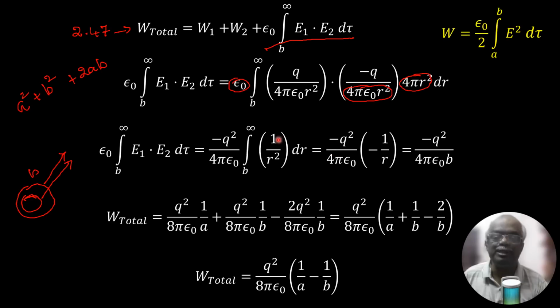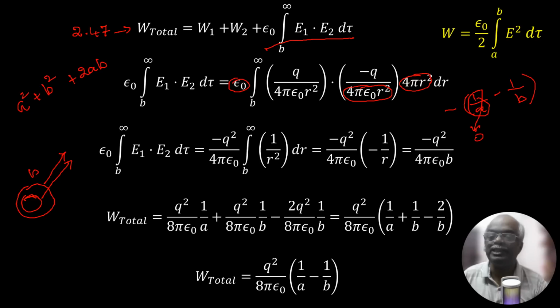If we integrate 1 over r squared, you will get minus 1 over r. Now you have to apply the upper limit and lower limit. The upper limit gives 1 over infinity, which is 0, minus 1 over p for the lower limit p.